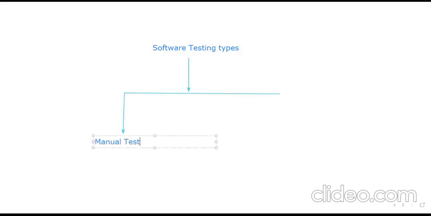You can call them types of software testing. Ideally there are two ways to perform software testing. One is manual testing, and the second type is automation testing.